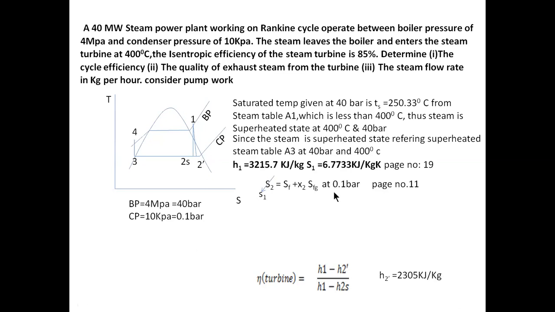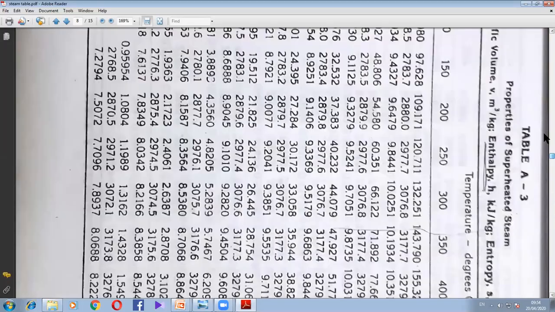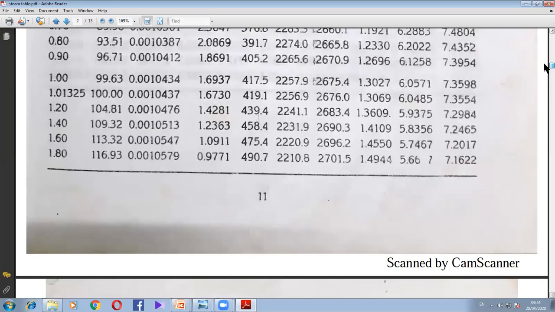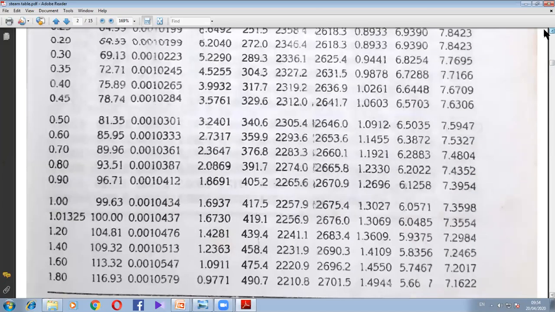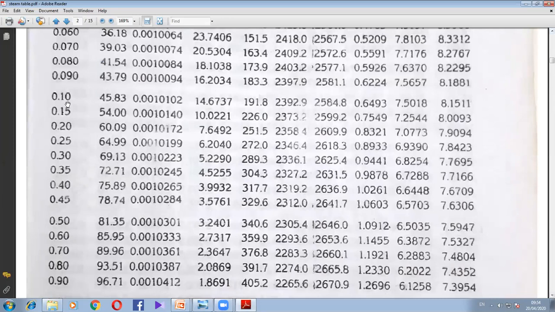Okay. At 0.1 bar, I need to take the values from page number 11. So I will go to page number 11. At 0.1 bar, what are the values given? We need to note Sf and Sfg. See, this is the page number 11, 0.1 bar. These are the values of Sf and Sfg. These values, you can see from the top.